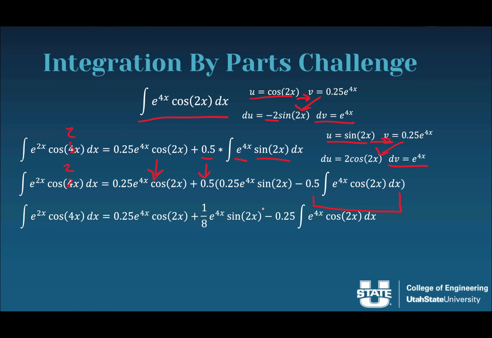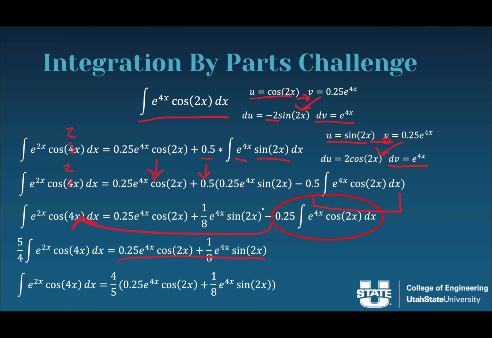So then they multiplied that through, circled that, and then we move it over to this side, just like this, and get 5/4 times our original integral is equal to all of this jazz, okay? Which then means that our original integral will be equal to 4/5 times all of that jazz.